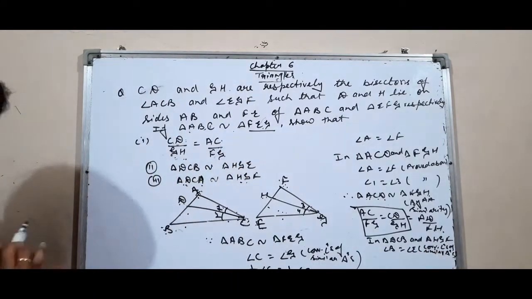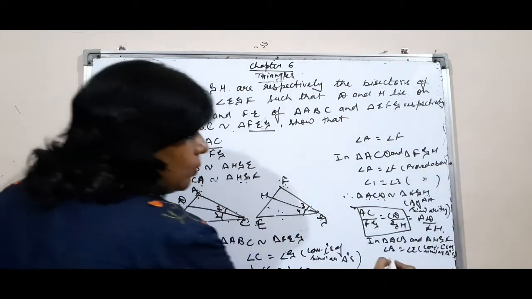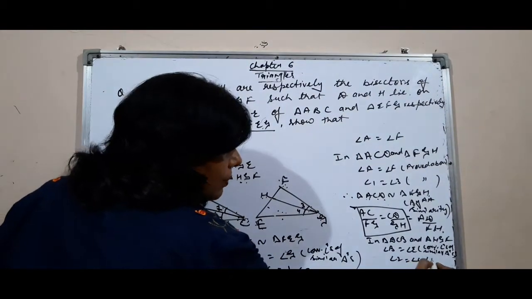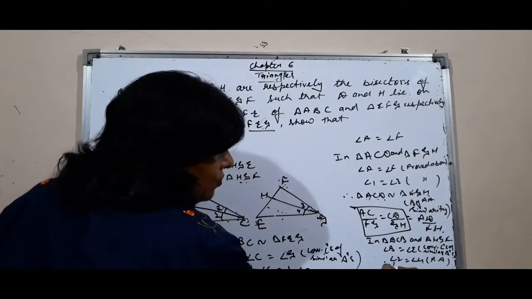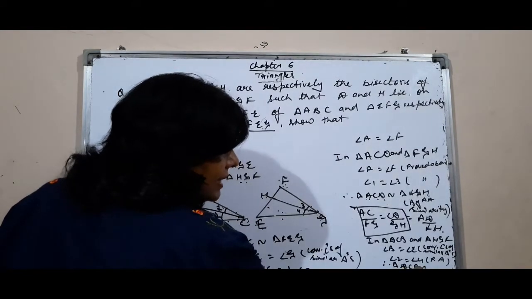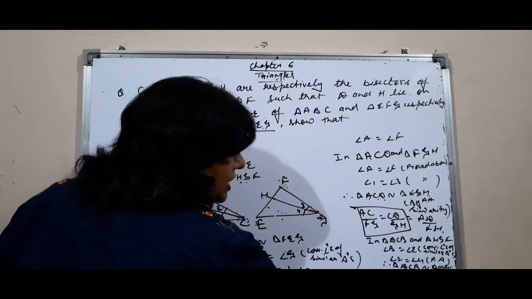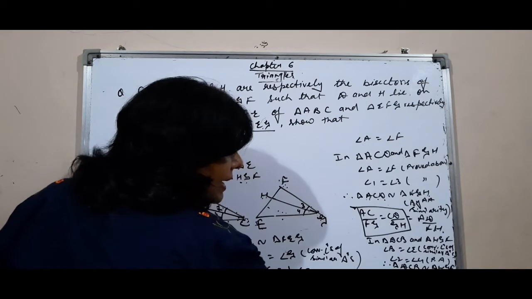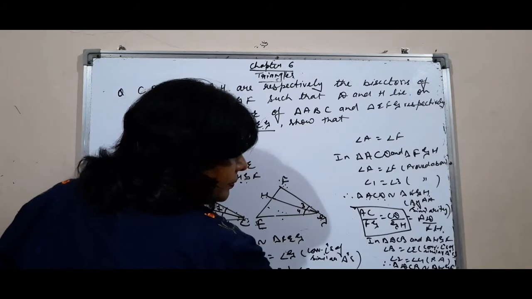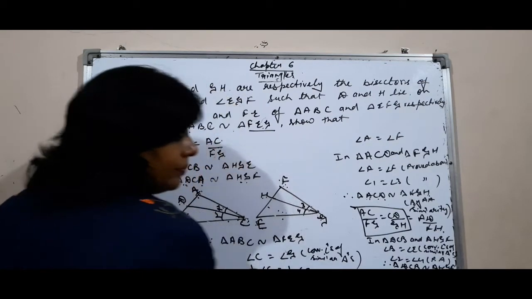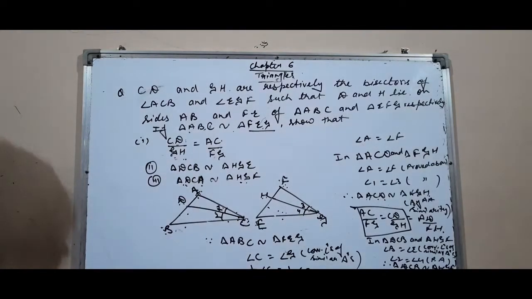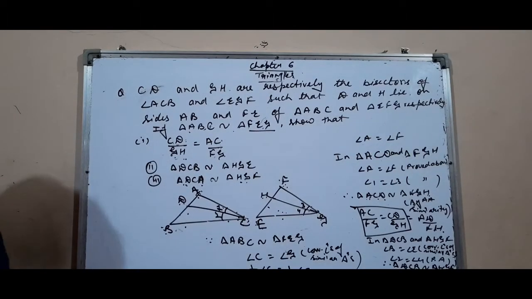Clear? And angle 2 equals to angle 4 proved above. Therefore, triangle DCB is similar to triangle HGE by AA similarity. Clear? I hope all of you got this question.